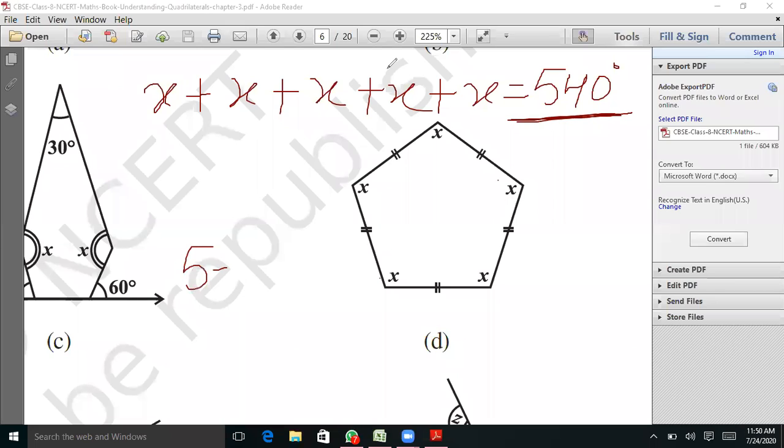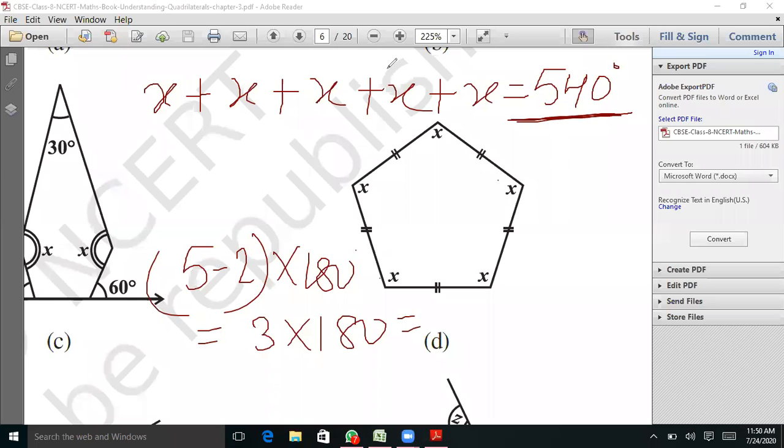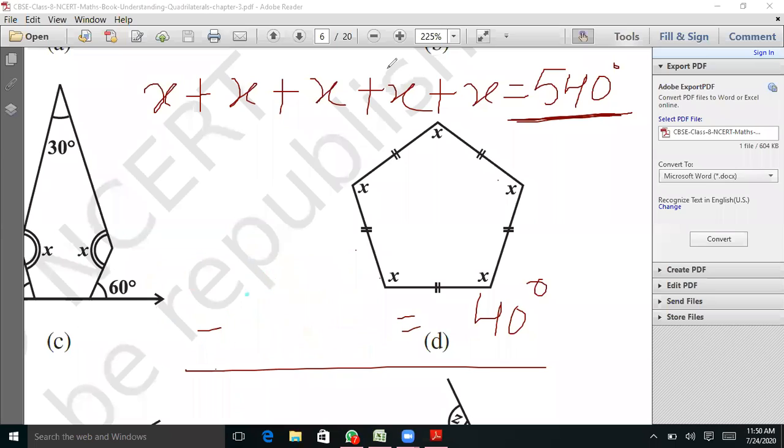Why? Because (5 minus 2) multiplied by 180 is equal to 3 into 180, which is 540 degree. Like this way we can find out the sum of angles of any polygon by subtracting 2 from the number of sides and then multiplying by 180.